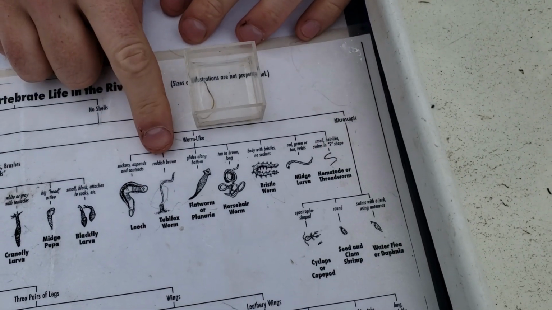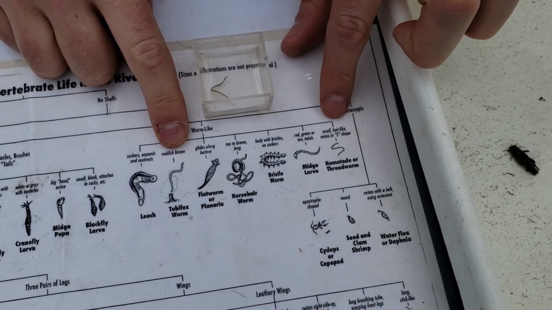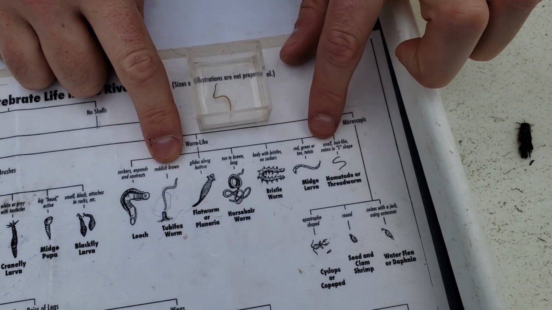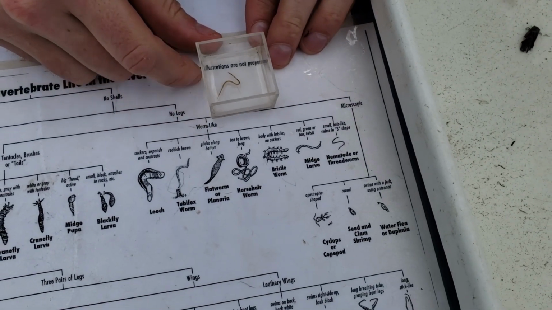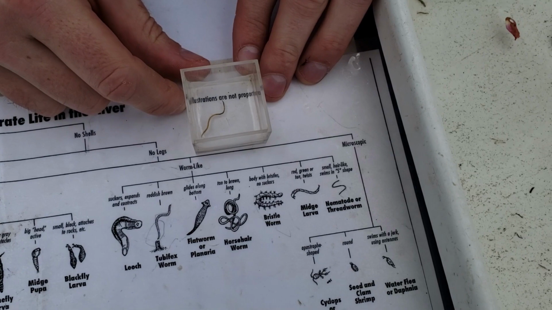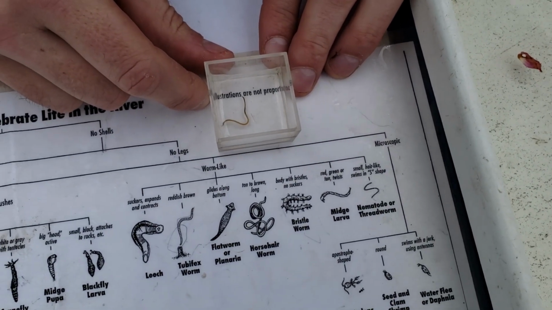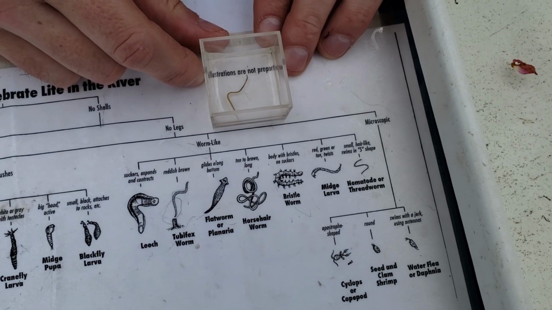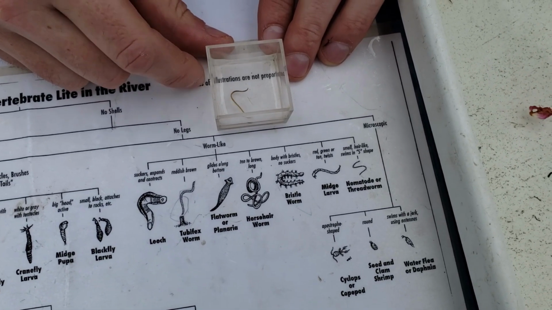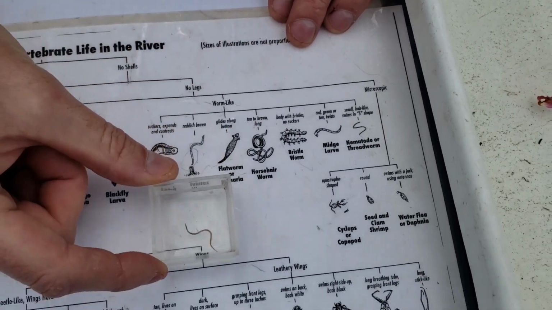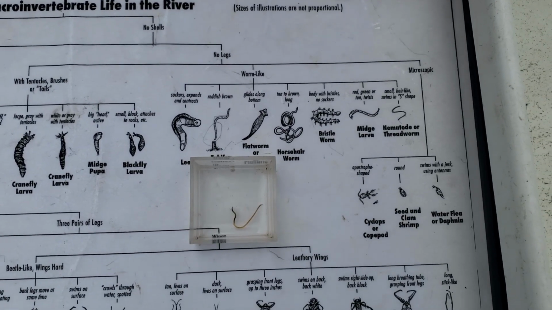And this tubifex worm is reddish brown in color versus the threadworm, which has small hair-like features and swims in an S shape. And if we take a look at this, it doesn't seem to be swimming in too much of an S shape. I don't see a lot of hairs on it, and it definitely has a reddish brown color. So by using this dichotomous key, we were able to identify our first macroinvertebrate as a tubifex worm.